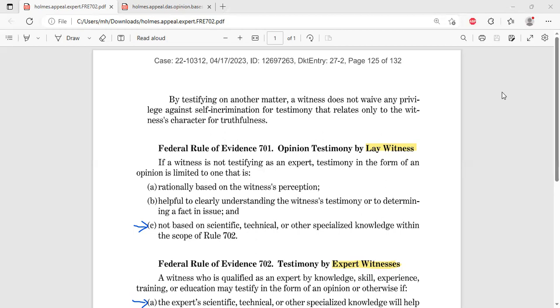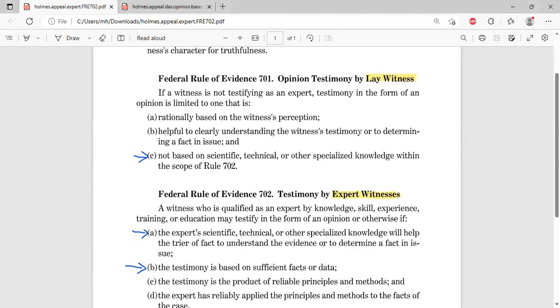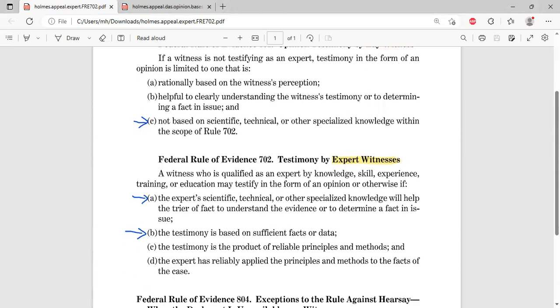They become an expert when we look at Rule 702 here, when a witness who is qualified as an expert by knowledge, skill, experience, training, and education may testify in the form of an opinion if the expert's scientific, technical, or other specialized knowledge will help the trier of fact, that would be the jury, to understand the evidence or to determine a fact in issue, whether or not there was fraud, whether or not there's misrepresentation.